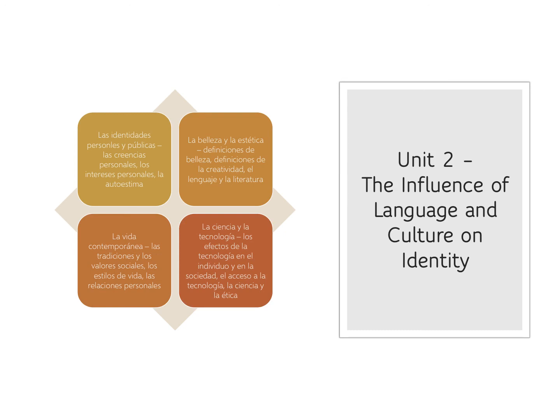The third topic they're going to cover is la vida contemporánea, and within that topic they may cover las tradiciones y los valores sociales, los estilos de vida y las relaciones personales. The fourth topic within this unit could be la ciencia y la tecnología, and within that talking about los efectos de la tecnología en el individuo y en la sociedad, el acceso a la tecnología y la ciencia y la ética.